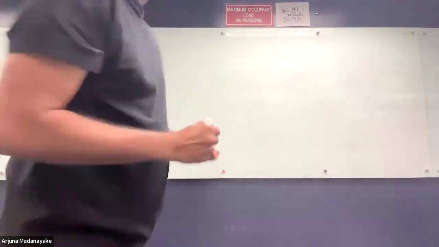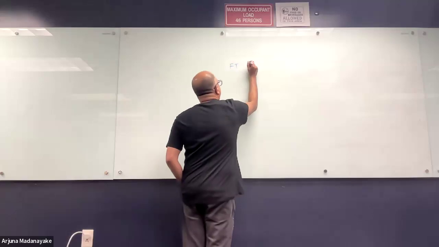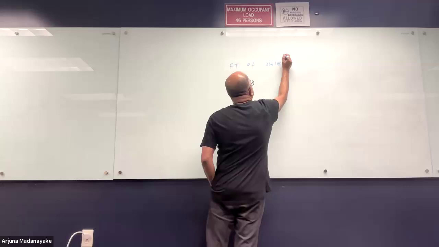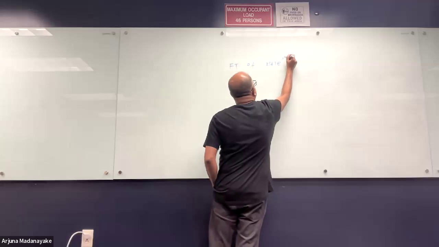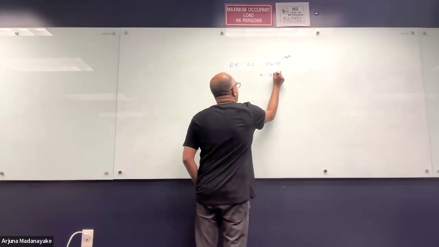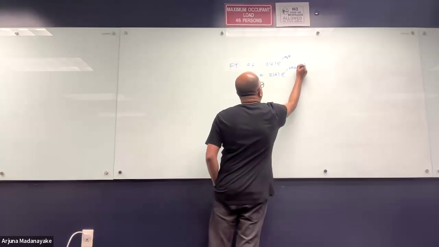We have the Fourier transform of x of t e to the j omega naught t, which is x of t e to the j 2 pi f naught t.